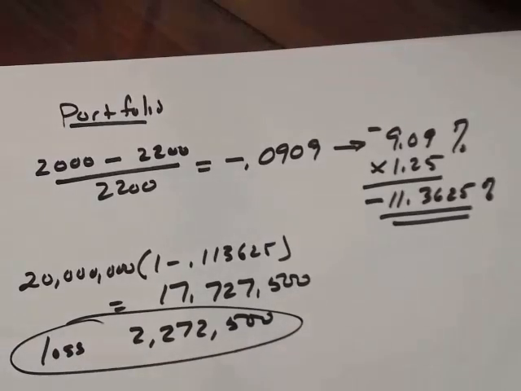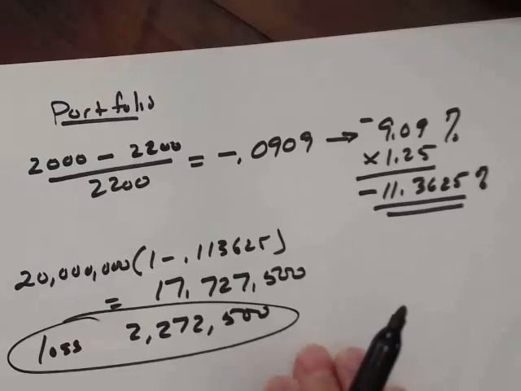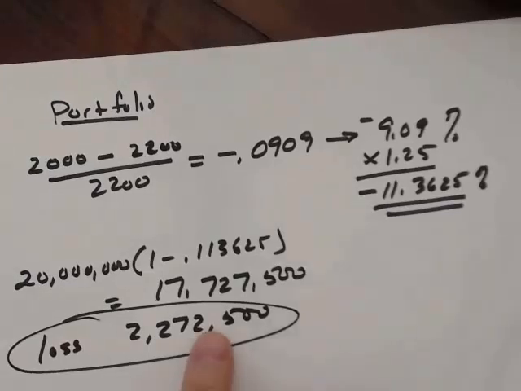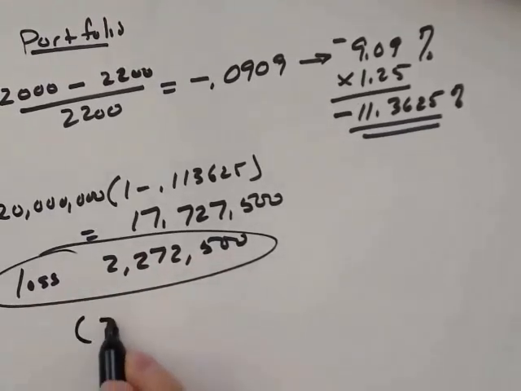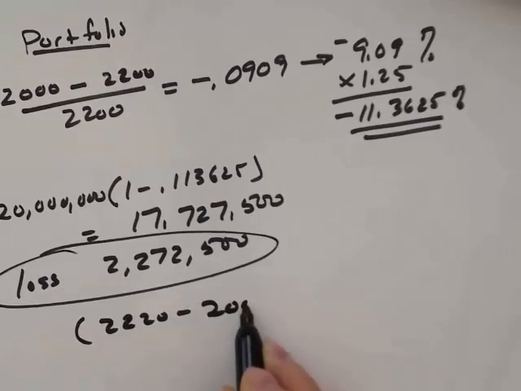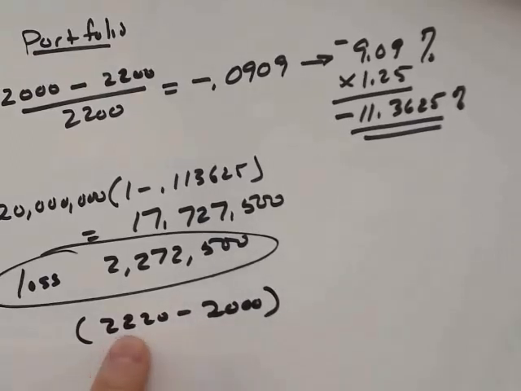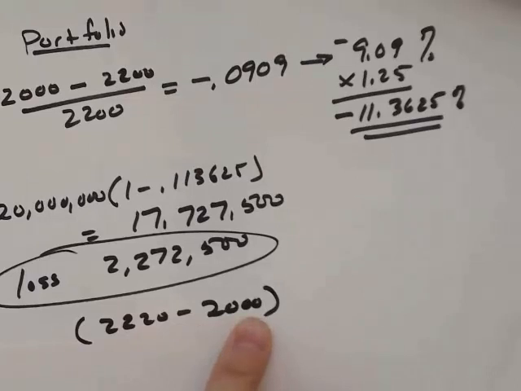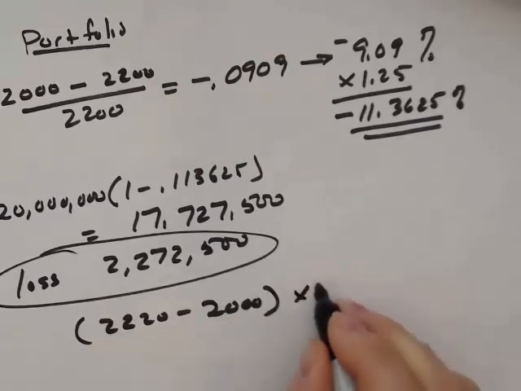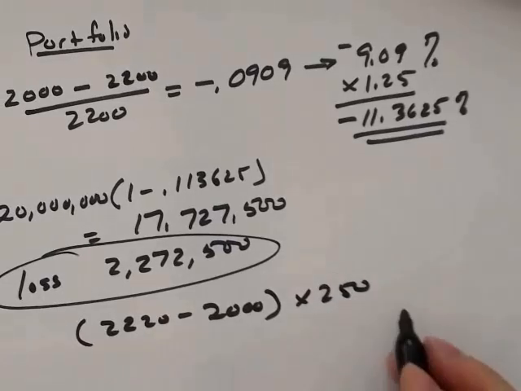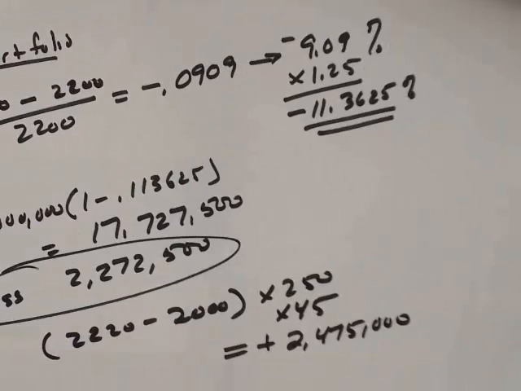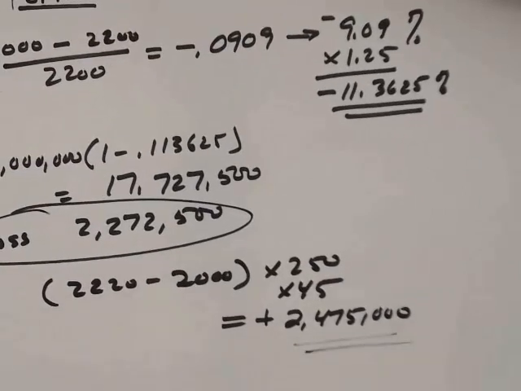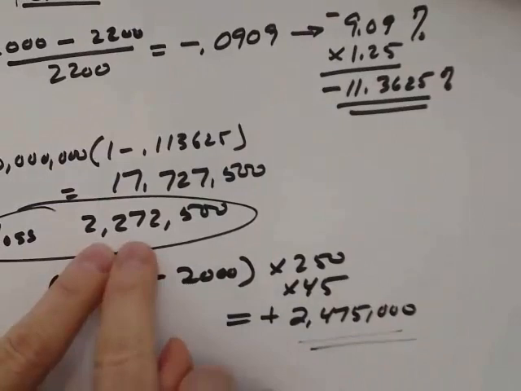Now, before we go further, we should know that if we put this futures contract position on, we should be offsetting most of this loss with the gain in the futures contract. So the gain in the futures contract is this: the 2220 minus the 2000, times the 250 contract size, times the 45 contracts, means we gain $2,475,000, which is offsetting all of this.